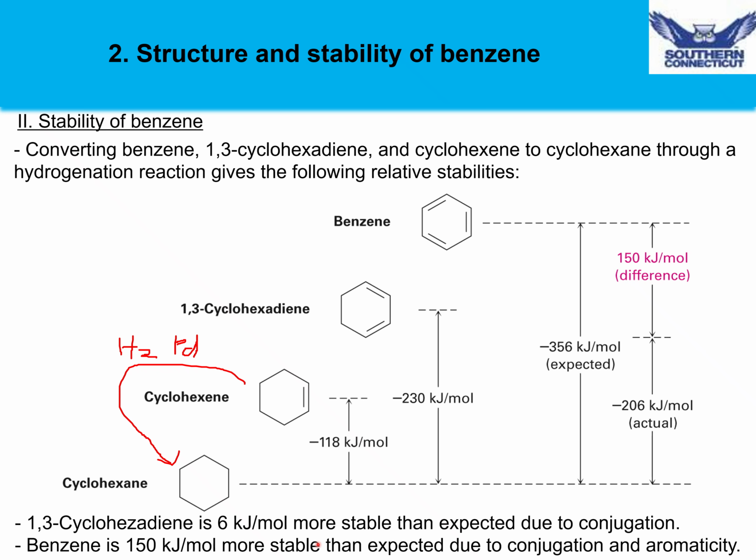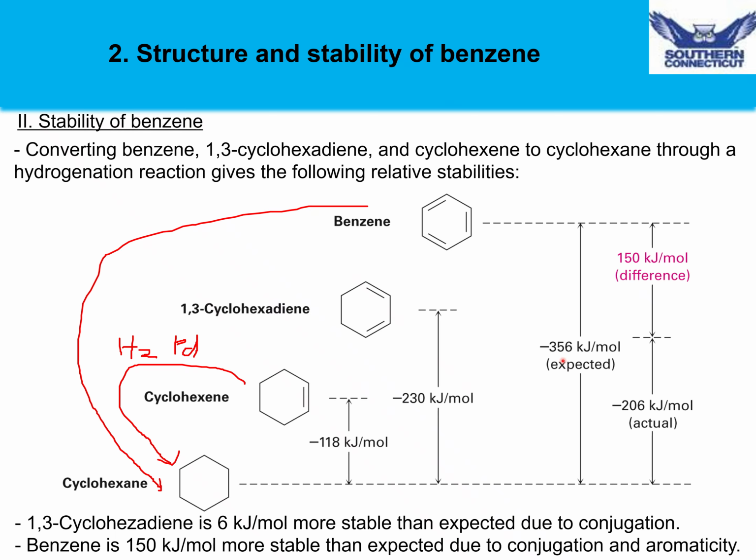So in other words, when we try to hydrogenate benzene, so in other words, add hydrogen gas and palladium to convert it into cyclohexane, based on the experiment we saw with cyclohexene being converted into cyclohexane, you would think that if we took this value and multiplied it times 3, since there are 3 double bonds in benzene, we should theoretically release from the reduction of benzene into cyclohexane about 356 kilojoules per mole, just simply by taking 118 and multiplying it by 3.